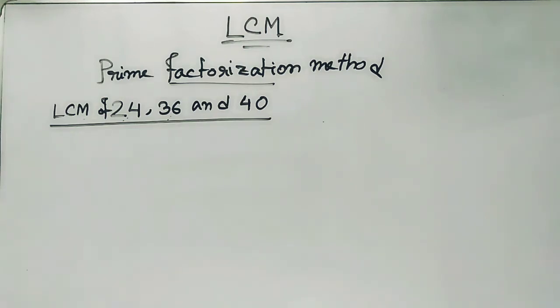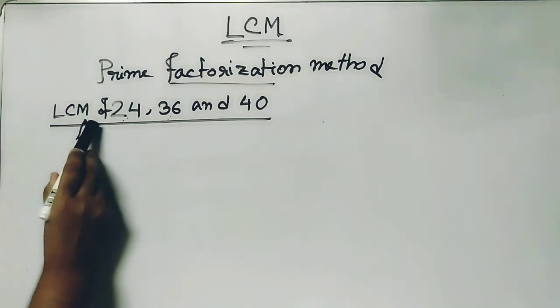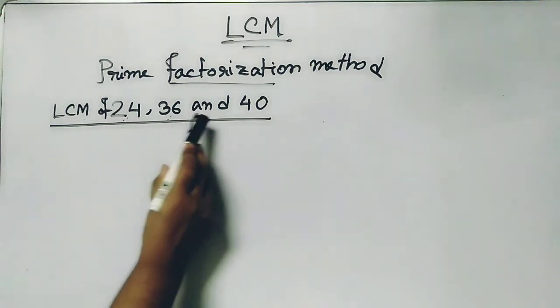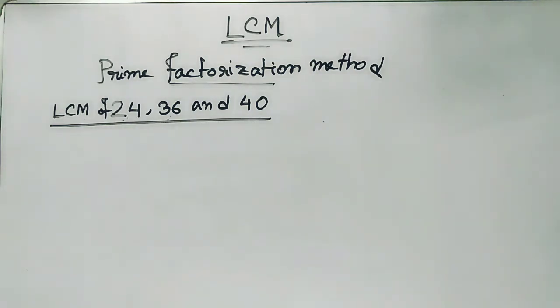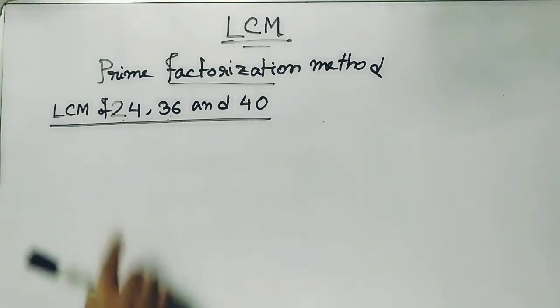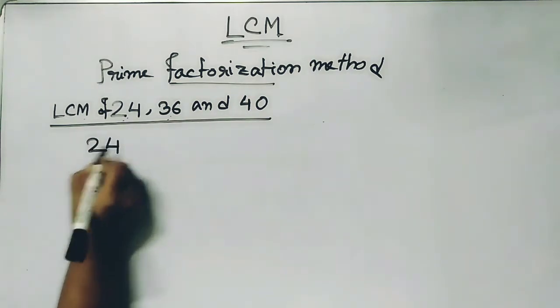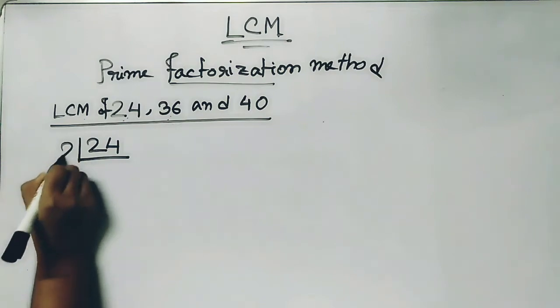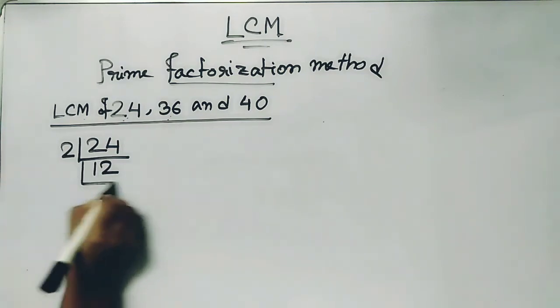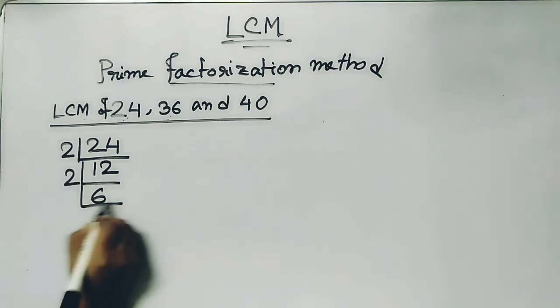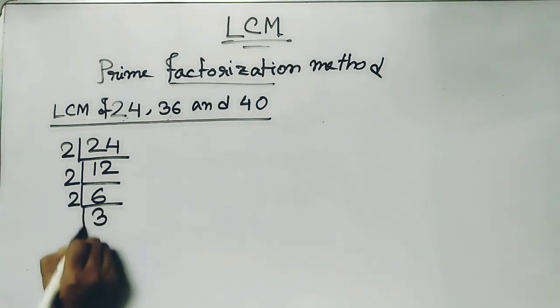So let's start. We have to find the LCM of 24, 36 and 40. So at first we have to factorize these three numbers separately. At first, 24. 24 is divisible by 2, so 12. 12 is divisible by 2, 6. 6 is divisible by 2, 3.